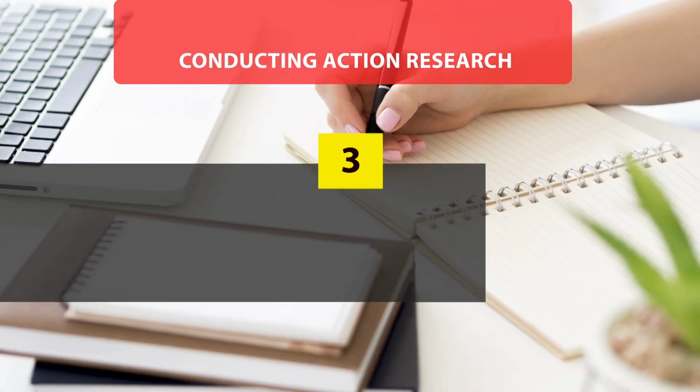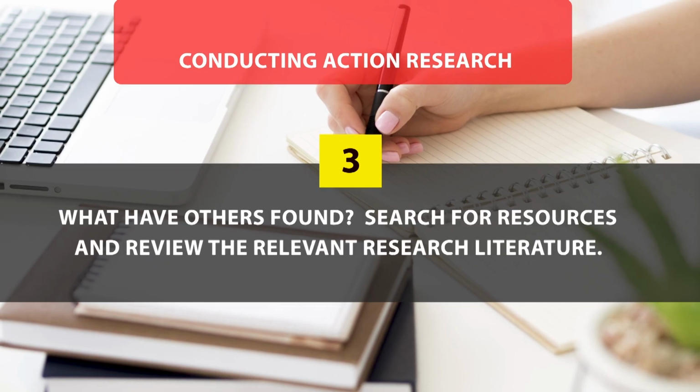So, these are some topics which have been taken from some action research which have already been done by some researchers. The third step is that when you decide on which topic you are going to conduct a research, you decide your research problem and you define your research problem. First, you need to see what others have done, what have others found in this area.